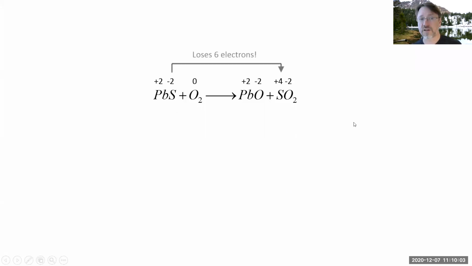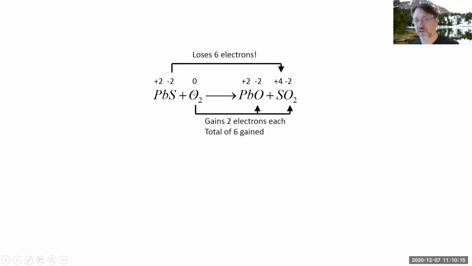We figure out what is being oxidized and what's being reduced. And sulfur is going all the way from a -2 to a +4. I mean, that's huge. 6 electrons are changing places. And the oxygens are all going from a 0 to a -2 state. So since there are 3 oxygens on the right-hand side, we have a total of 6.